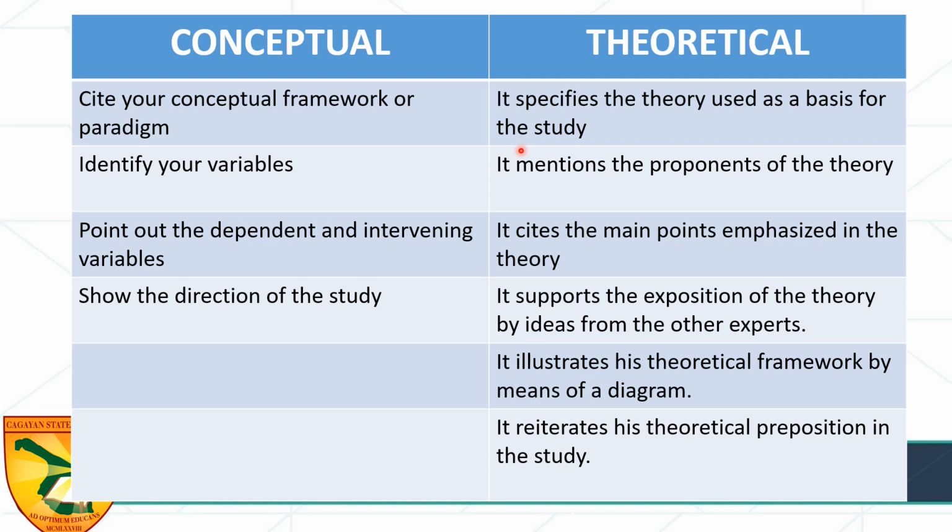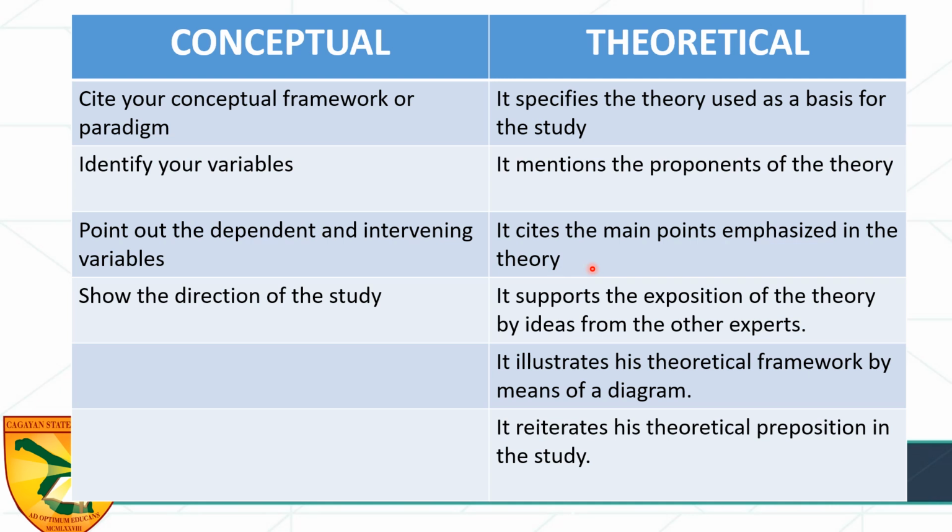For example, the theory that we had a while ago, your theory of planned behavior. Then it mentions the proponents of the theory: Theory of planned behavior by Ajzen in 1991. And then it cites the main points emphasized in the theory.